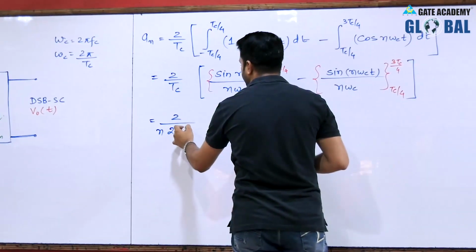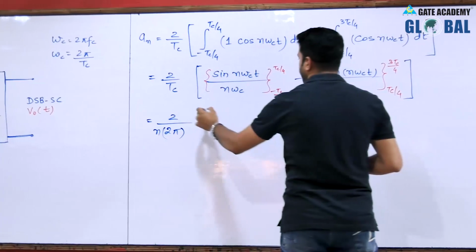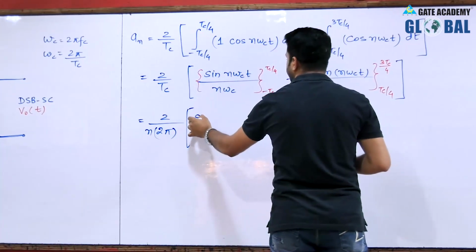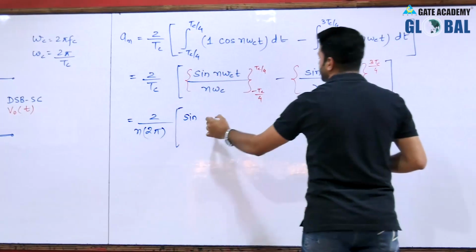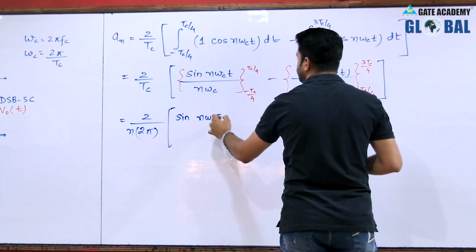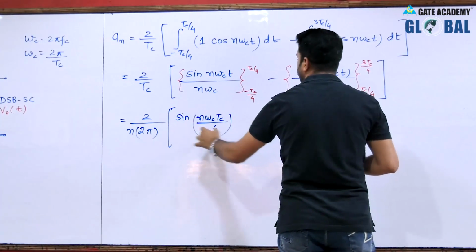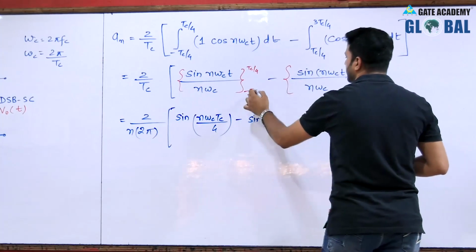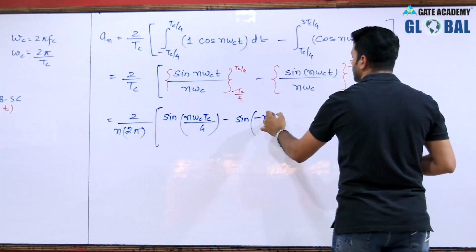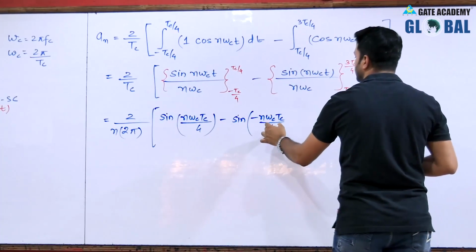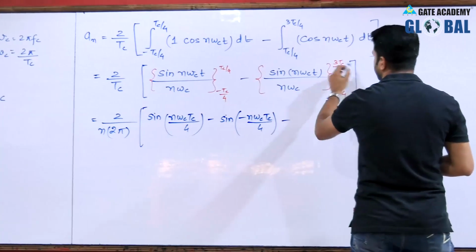So, here we have 2 pi, and in bracket we will get sin upper limit. So, sin n omega C Tc by 4 minus of sin lower limit, which is negative. So, minus n omega C Tc by 4 minus upper limit.